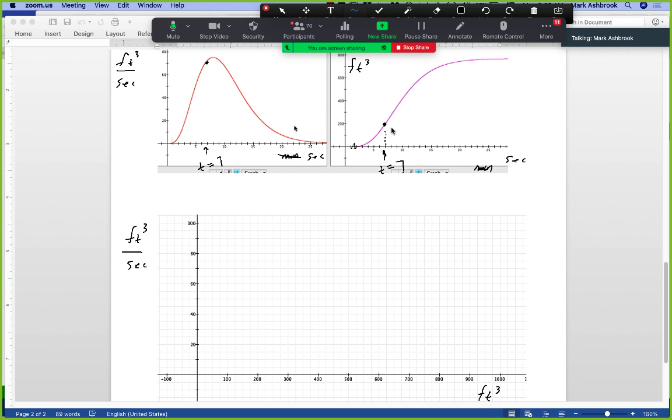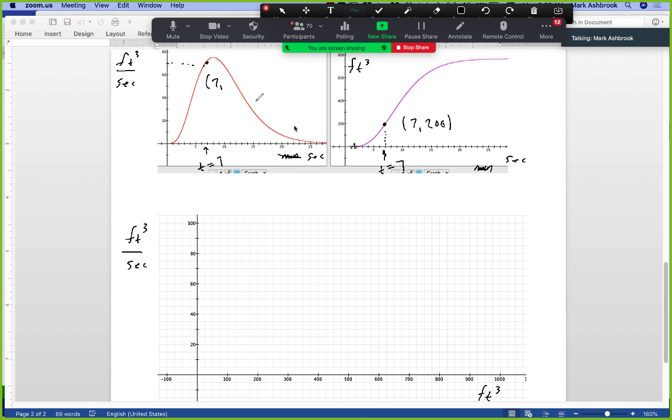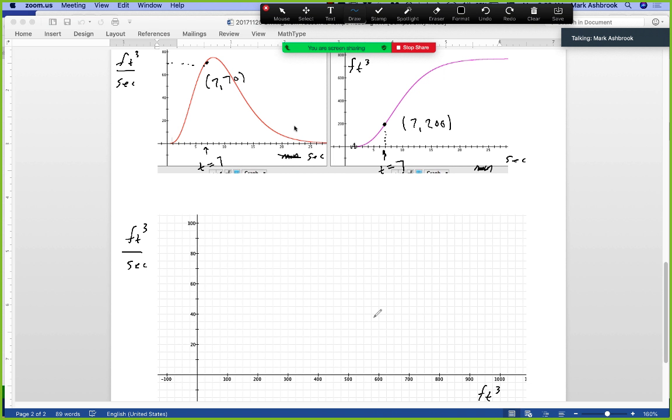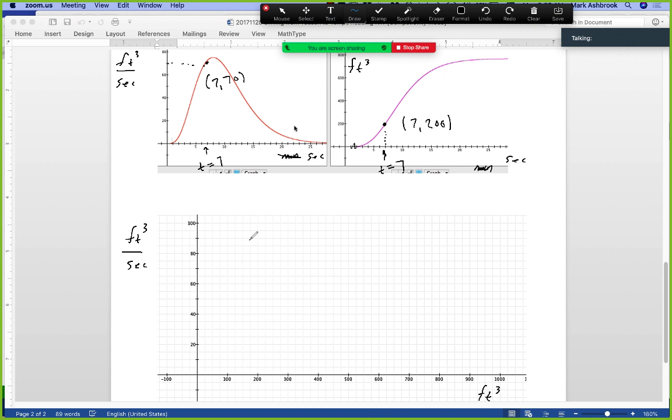And so what's my amount? Say this is 200. So at 7 seconds, we poured 200 feet cubed of concrete. At t equals 7, what was the rate? About, is that 70? Yeah. Okay, so what point do I have down here? 270. So that would be a point.